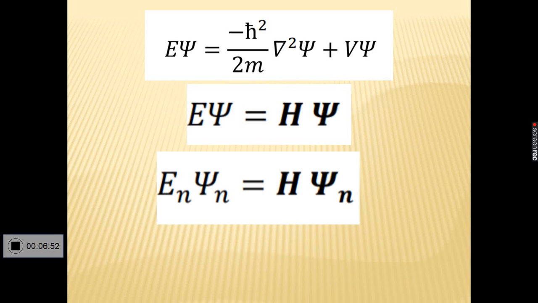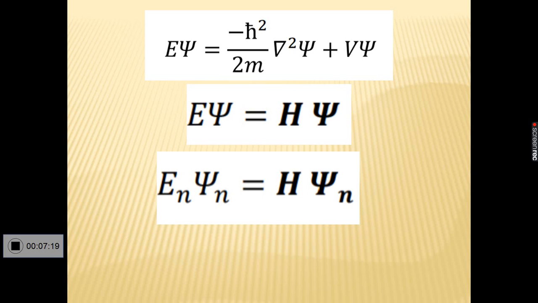So when we solve this equation, we get different wave functions corresponding to different values of energy. These wave functions are known as eigenfunctions, and the energy values are known as eigenvalues, specifically energy eigenvalues.